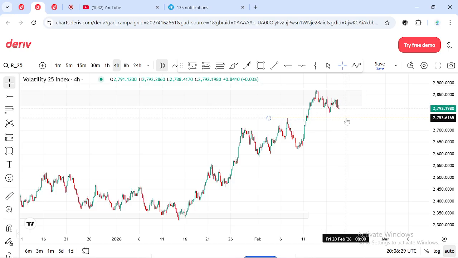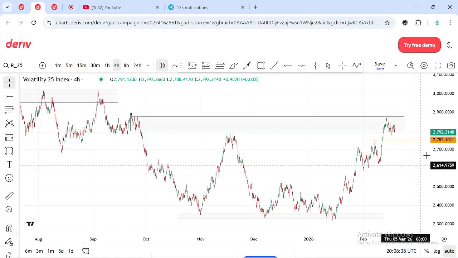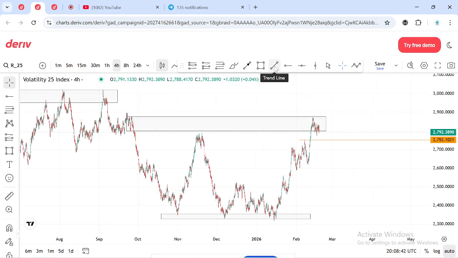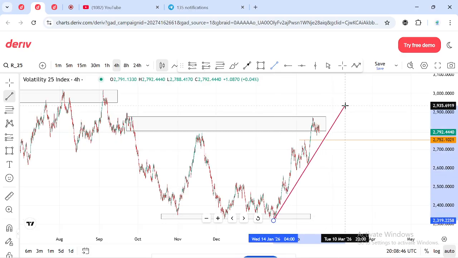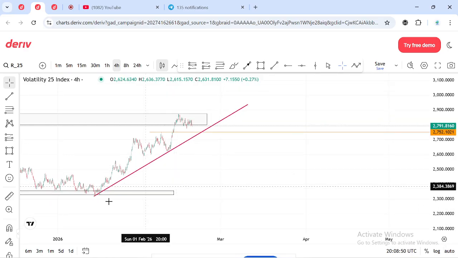Then we can begin to look for either a continuational buy or a kind of change of character. But for us to get a change of character at this point, we need to see a break of trend line. That trend line break will come from this point here. So we need to see something like this.